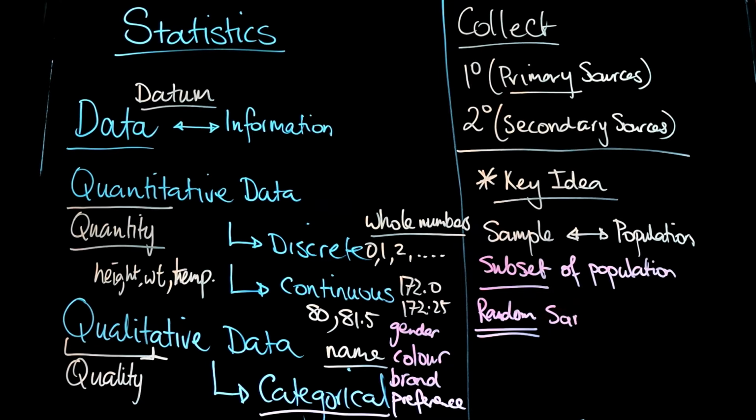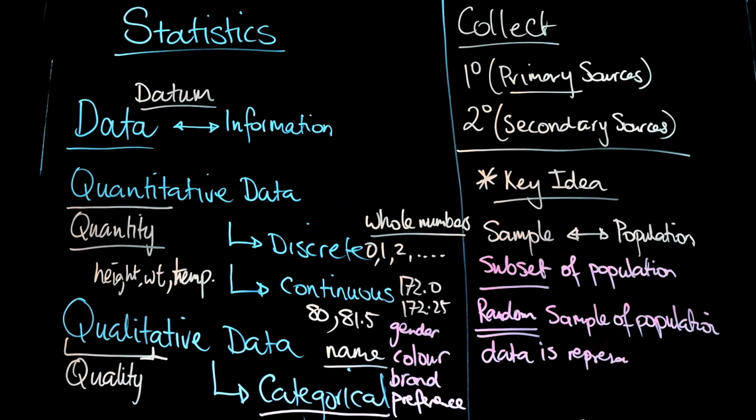But I think it's important for you to know that if you take a random sample of the population, and you've done that job properly, then the data that you get is representative of the population.